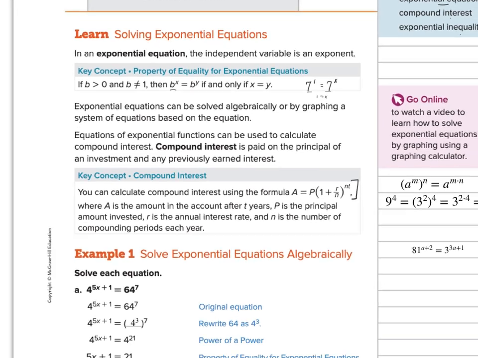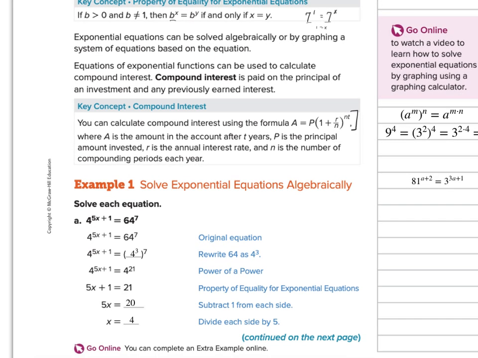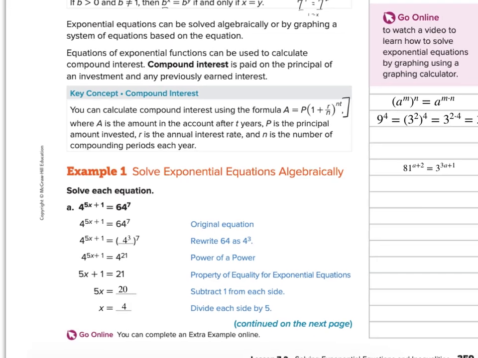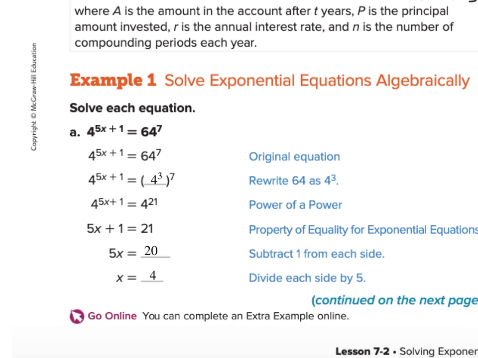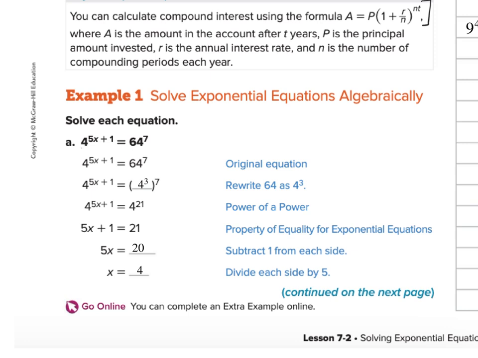So here, how to solve an exponential equation. Well, I need to have like bases. What we have here is 4 with an exponent of 5x plus 1 equals 64 to the 7th power. So what do we need to have like bases? If I have a 4 here, I need to try and get a 4 in my other base.